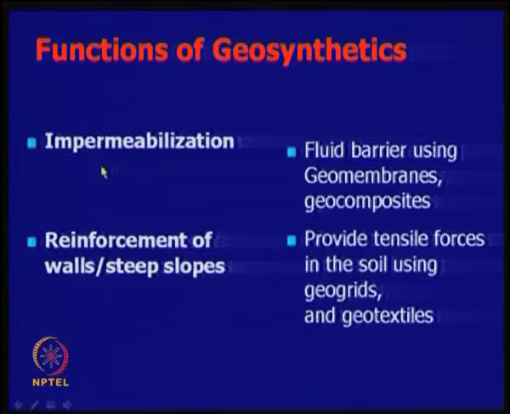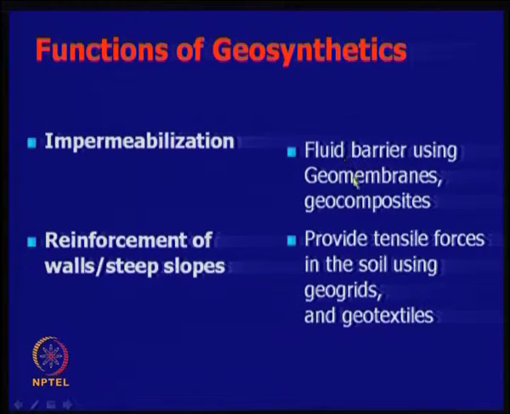Then, as I just said, the impermeable member is an important member of this family, particularly in the form of geomembranes. We would like to see that water is not allowed in some cases.